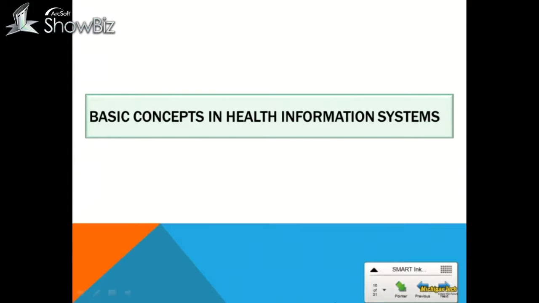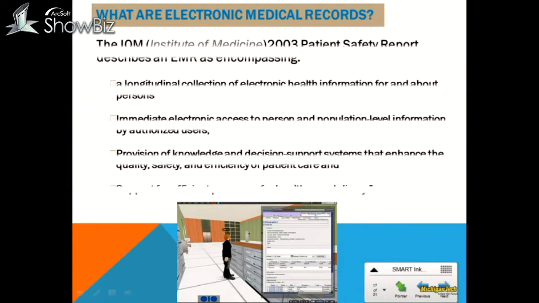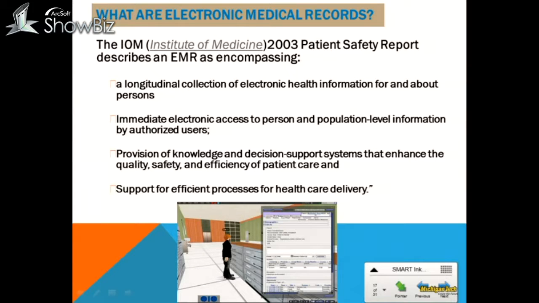So let's talk about some basic concepts in health information systems. Perhaps we need to use these concepts in the future. The first one we talk about is the electronic medical record. What are electronic medical records? There are so many definitions.